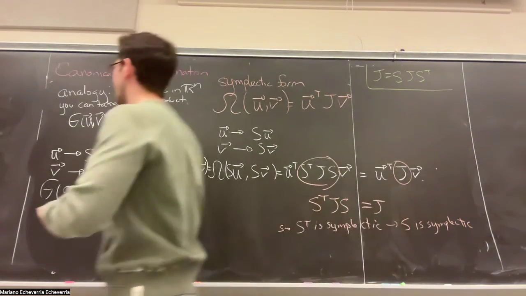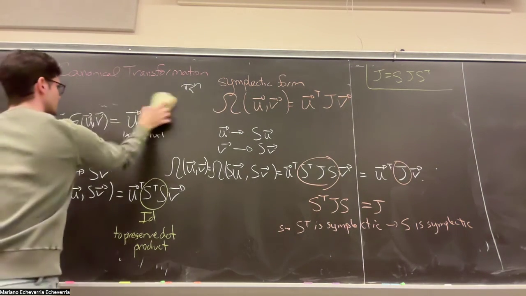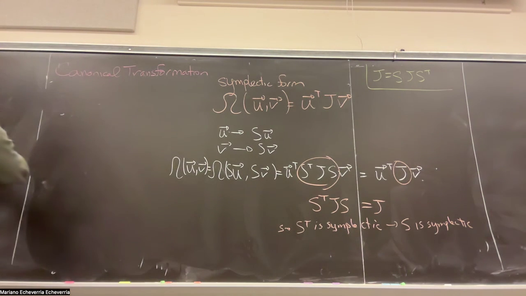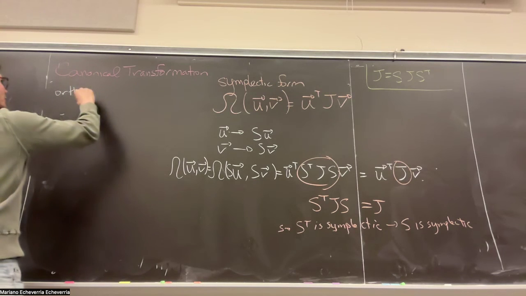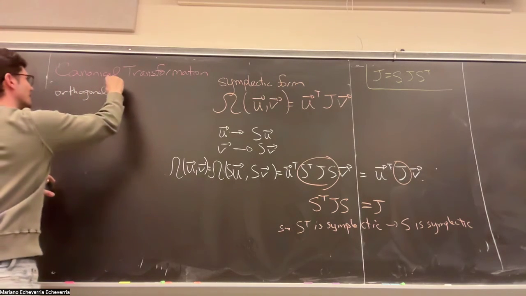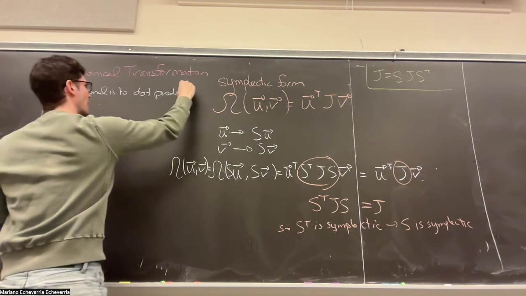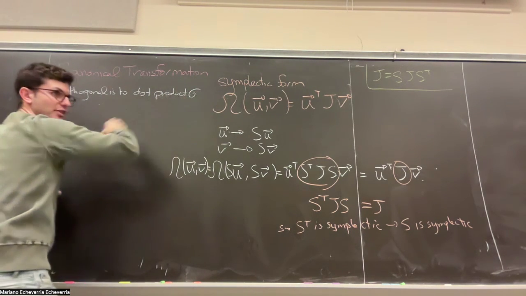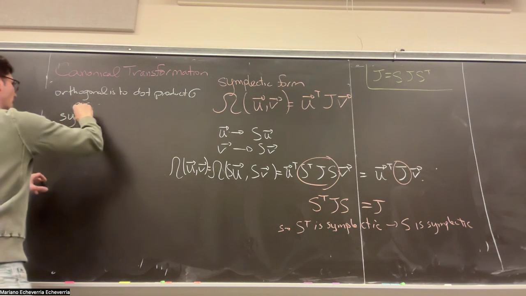It's kind of nice to have something more concrete. So maybe I should write it as an analogy: orthogonal is to the dot product as symplectic is to omega.